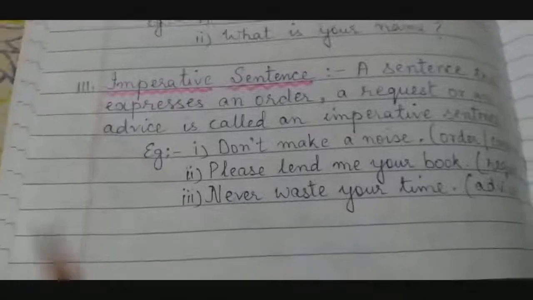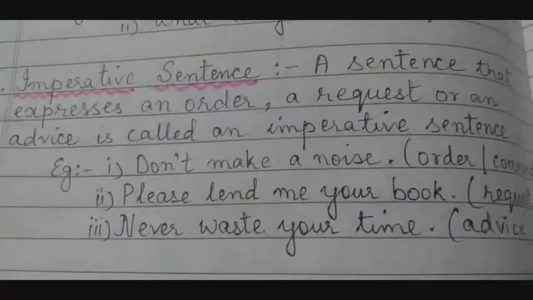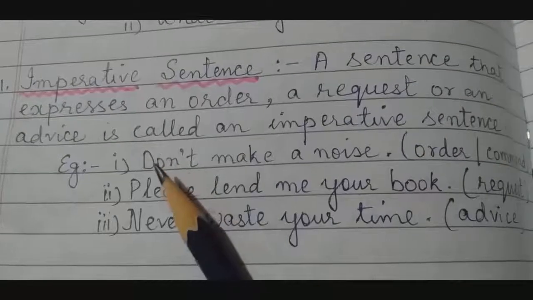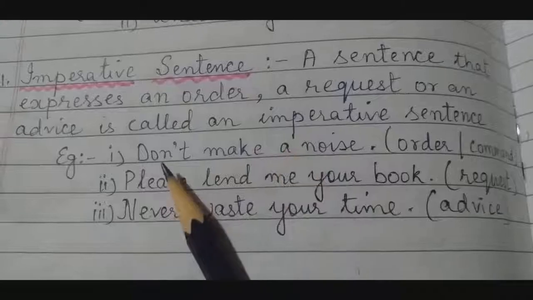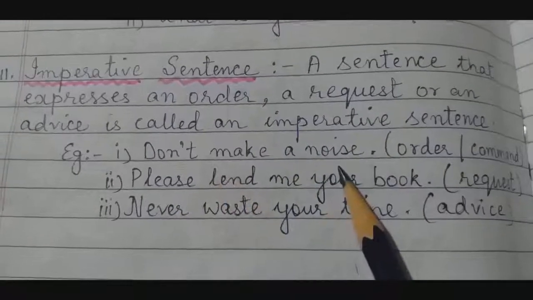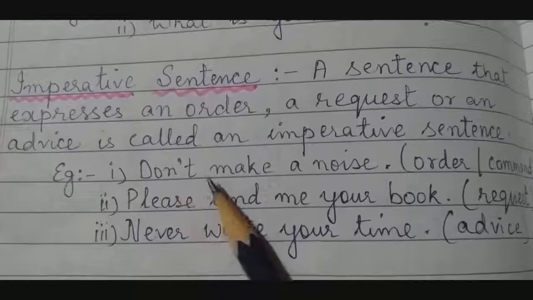Okay? So now let us read this with the help of examples. Number 1. Don't make a noise. Suppose your teacher says to all the students, don't make any noise.